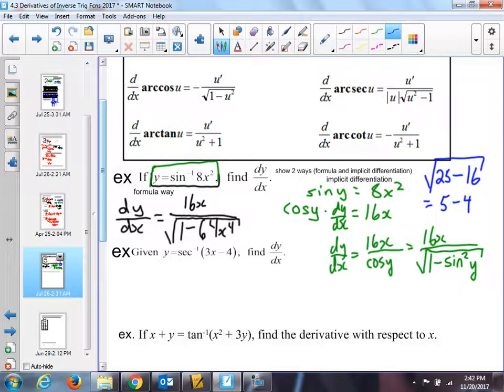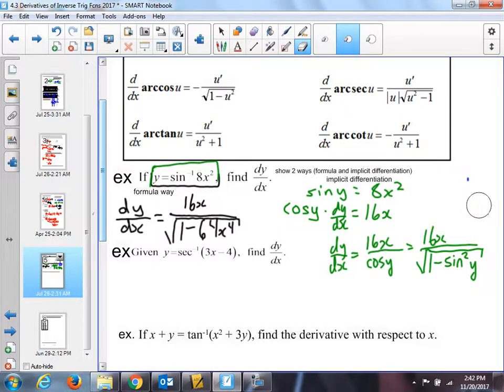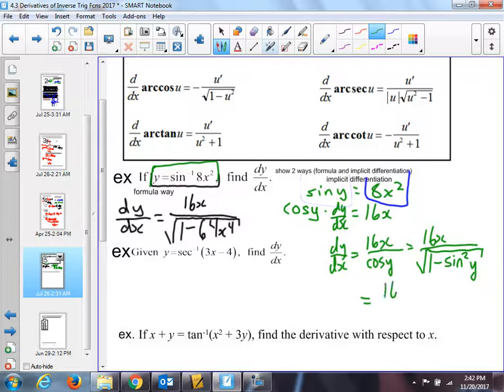Is this equal to 1 minus sine? Okay, you know, if you have an idea and a hunch and you're not sure, test it out with some numbers you know the answer to. And that's a common mistake. Don't make it. Okay, so if we say that sine squared y is the same as this squared, right? That's sine squared. So if I square this, we've got 64x to the 4, right? Now, it should be the same answer, and it is.